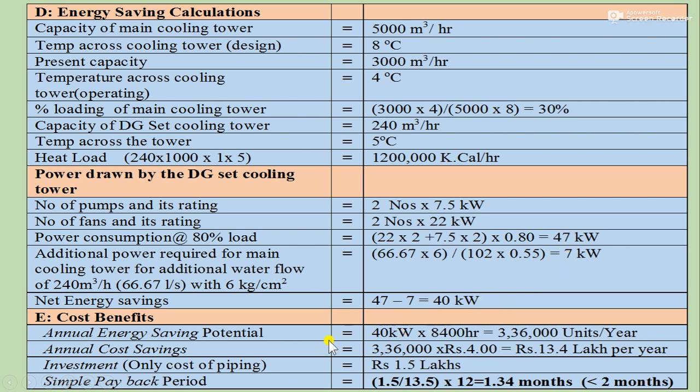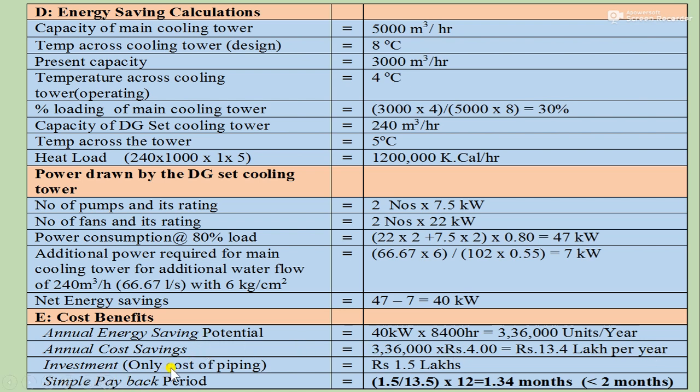Now annually, if we consider 8400 hours in 1 year, then 3,36,000 units per year energy saving potential is possible. So it will save cost. 1 unit is rupees 4, so 13.4 lakh rupees per year of energy cost saving is possible.